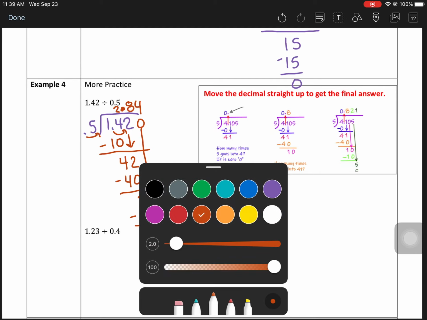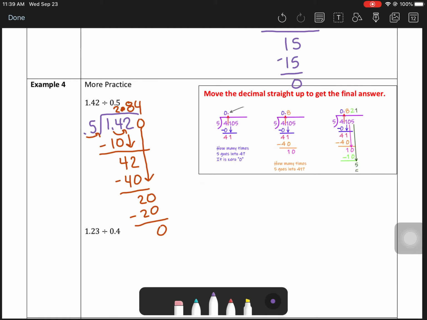All right, in the next problem, remember our 0.4 is going on the outside and our 1.23 goes on the inside. So to divide, we're going to move the decimal over one spot and we move it over one spot. And then we bring that right up to the top. So does 4 go into 1? No. Does 4 go into 12?